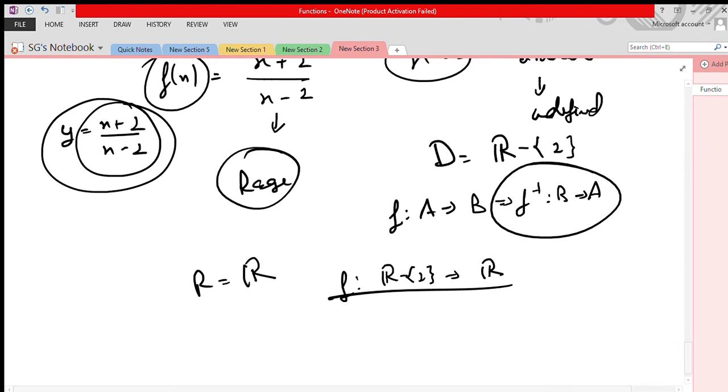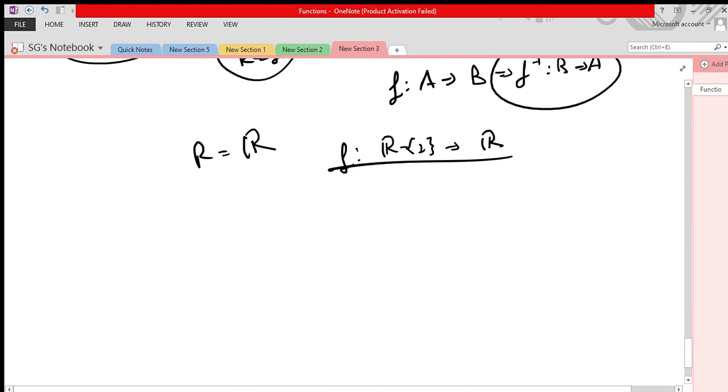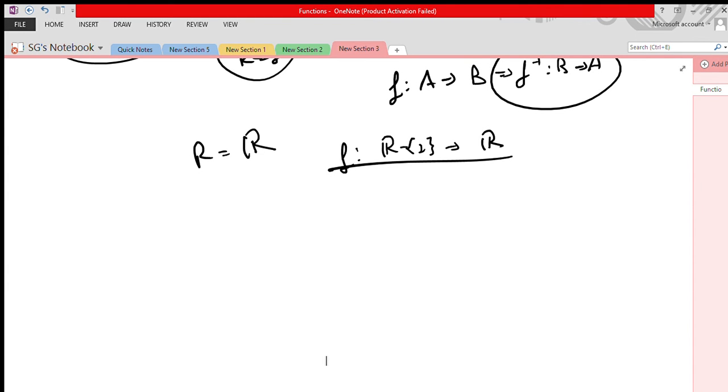Okay. Sometimes, this thing I guess you have understood. You might also be given some particular domain and range, and you are asked to find the mapping which helps you undergo the transformation.